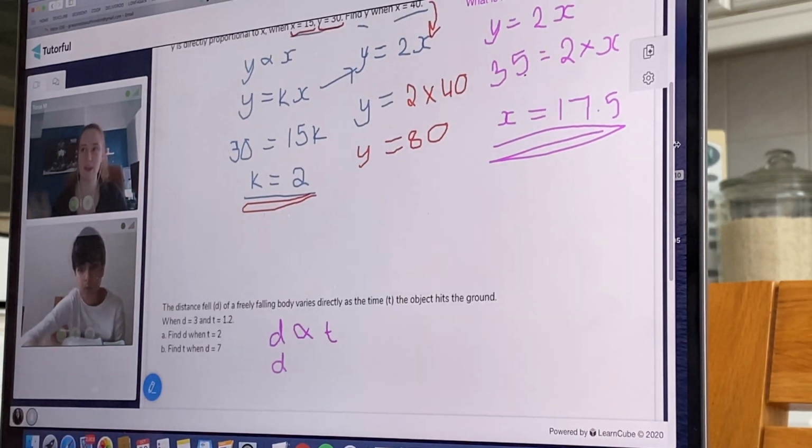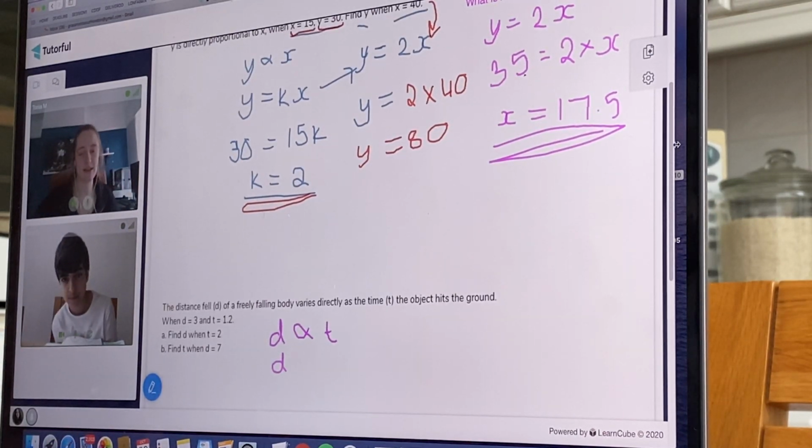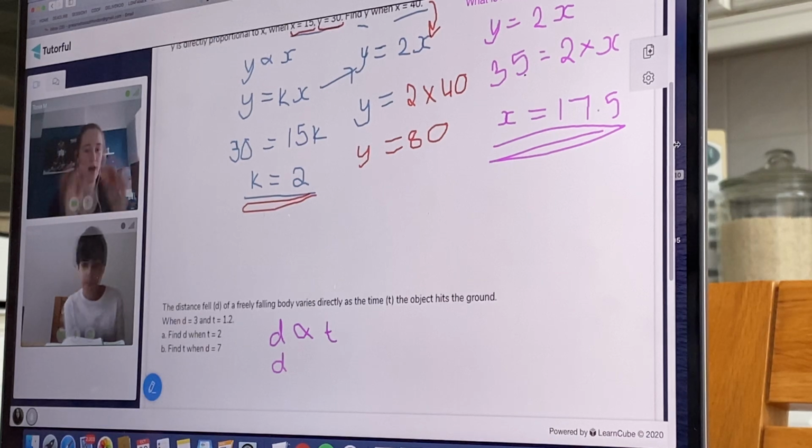Do you remember when we did ratios, and it said the ratio of money that Sally and Harry have, you have to write the numbers the same way around. So D equals k times t. So now we've got D equals kt. Are you happy up to here?